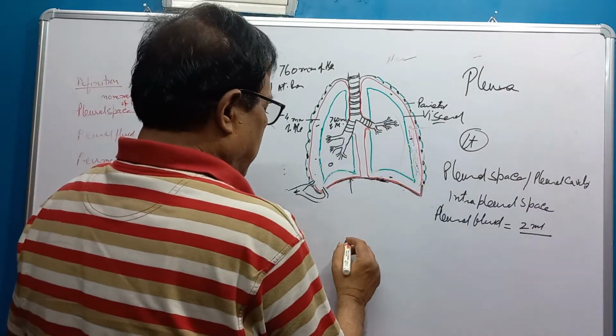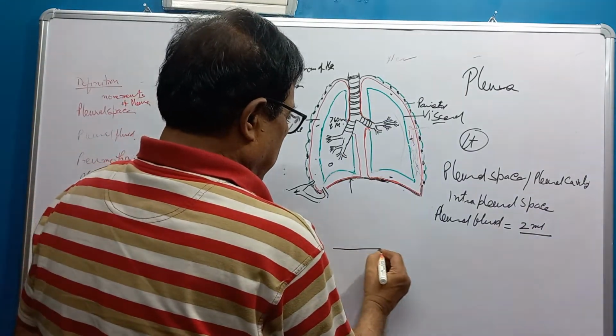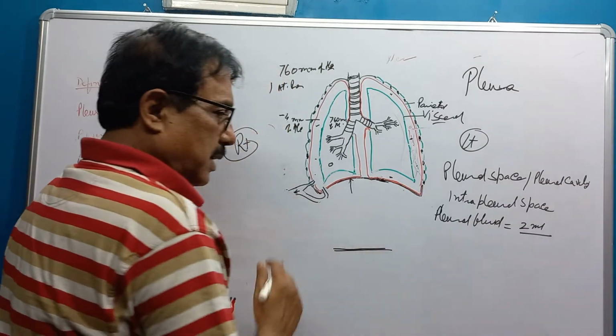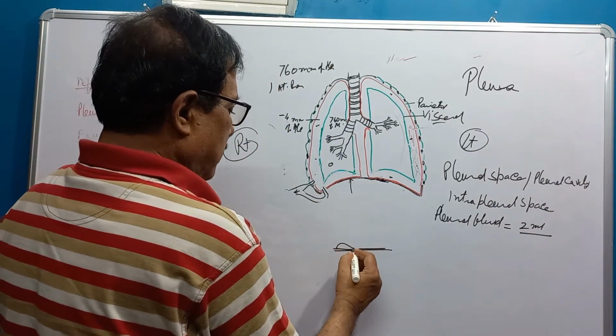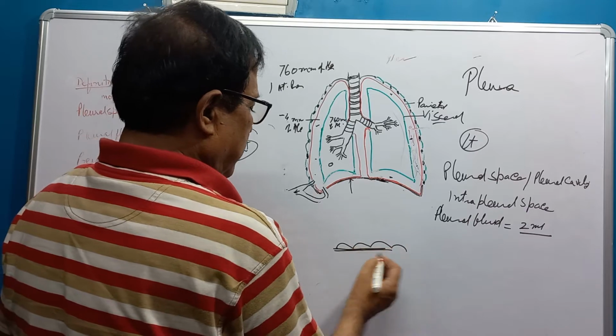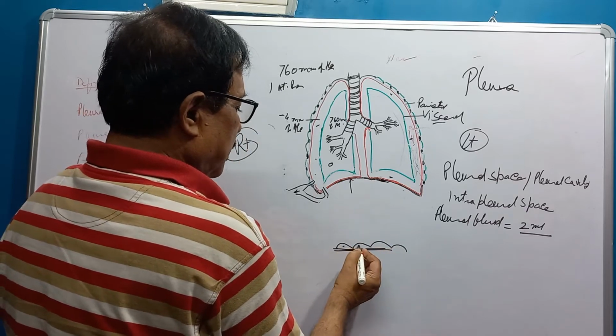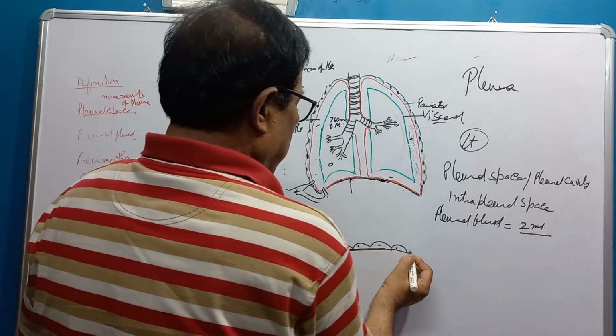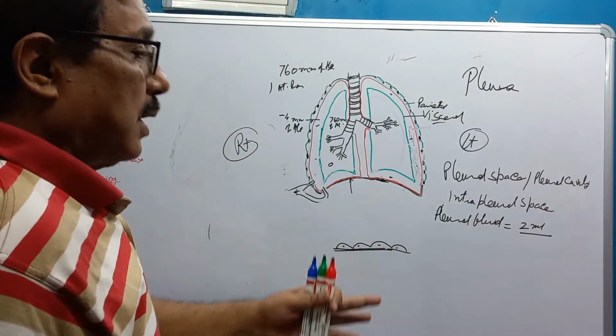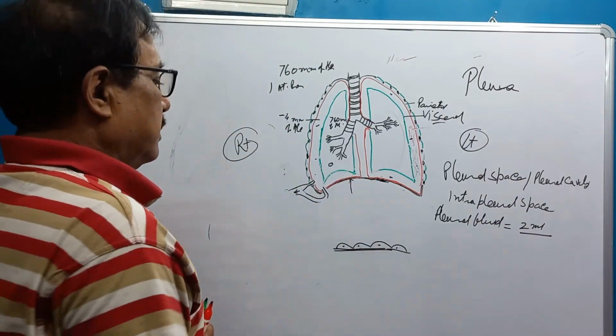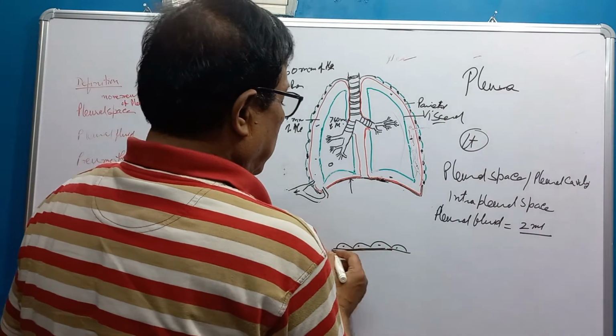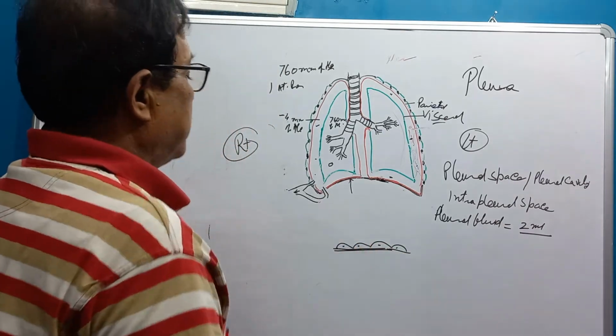The pleura is loose elastic tissue on which flat cells are present. These are mesothelium. These mesothelium secrete the pleural fluid, a serous fluid, and there is drainage.